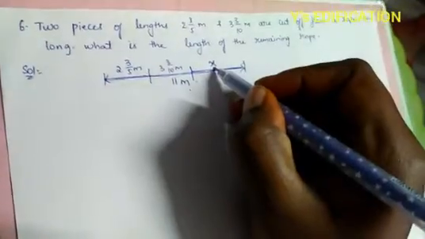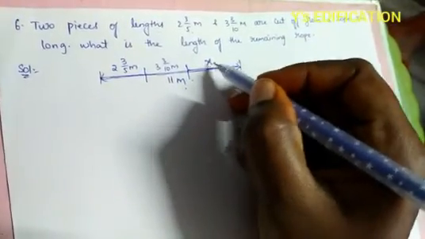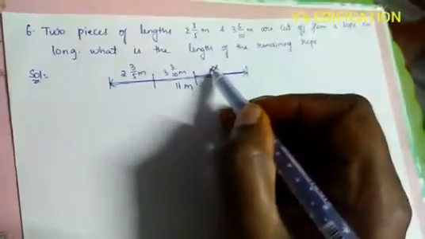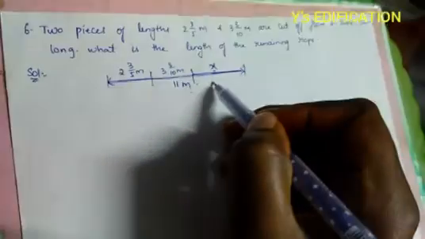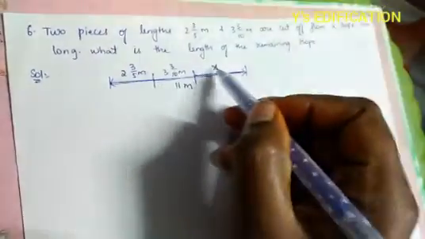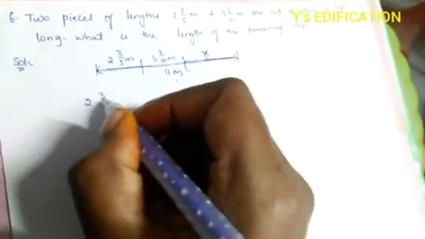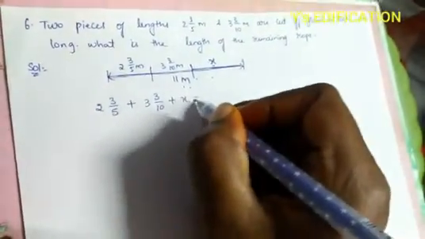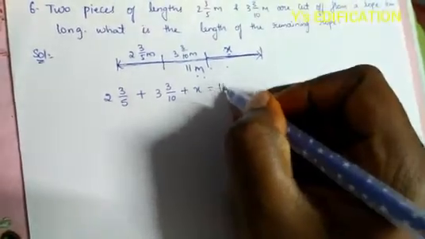I don't know this number, so I am going to take it as x. When we add all these three numbers, I am going to get the 11 meters. So 2 3 by 5 plus 3 3 by 10 plus x is equal to 11.